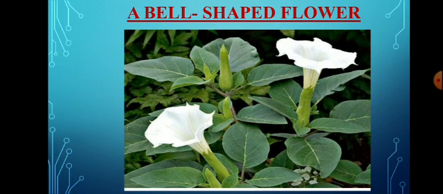Okay, the first part is the sepals. They are small, green, leaf-like structures on the thalamus, at the base of the flower.